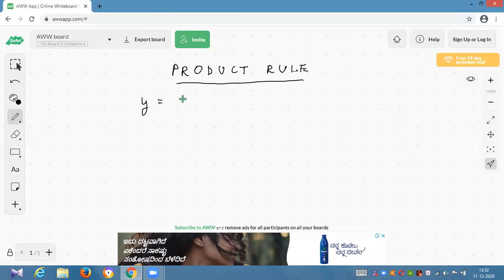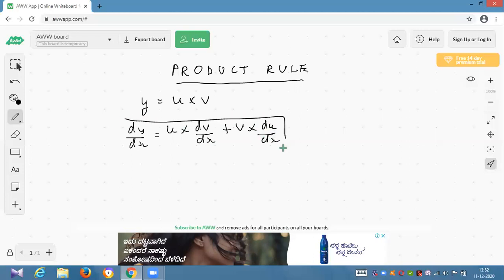If y is represented as u into v, where u and v both are functions of x, then the differentiation of this is given as u into differentiation of v plus v into differentiation of u. This particular formula is known as product rule in differentiation. I give you an example.